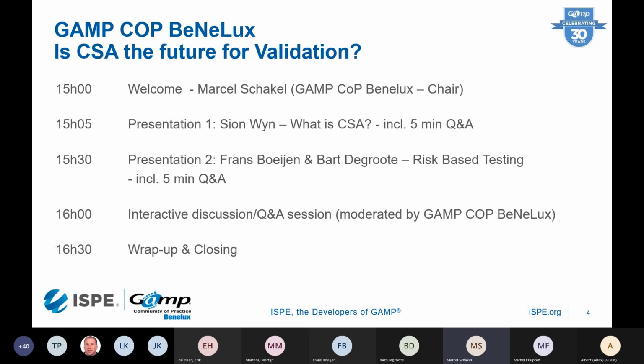This is the agenda we have. We start with the welcome, which we already did. Then we have a presentation by Sean Wine, and that's mostly about what CSA is. In fact, the FDA submitted a guideline. It's very interesting to know what the topic is and what the future will bring us, because it's the way the FDA is thinking. Then we have a small presentation on risk-based testing by Frans Boeien and Bart de Groot.